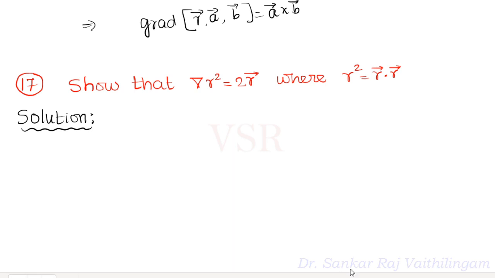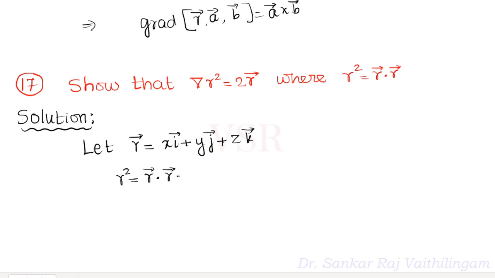So let r vector be equal to, usually what we can call, xi vector plus yj vector plus zk vector. So this is r vector. Then r square is equal to r vector dot r vector.